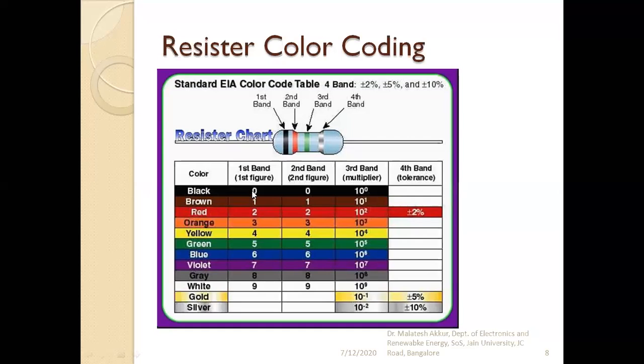For black, it is 0, 1, 2, 3, and up to, for white, it is 9. And gold and silver are used to identify the tolerance of the resistance. To remember these color bands, you can utilize any of your techniques.